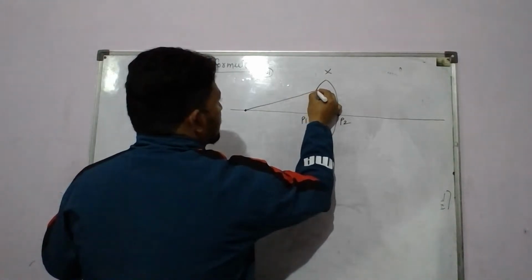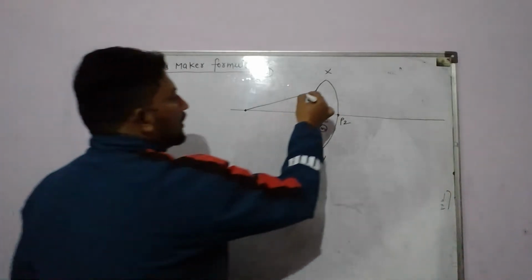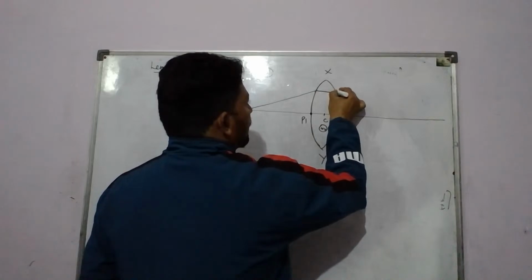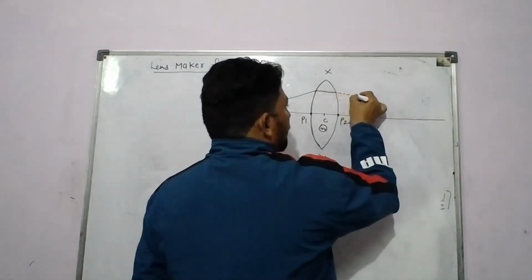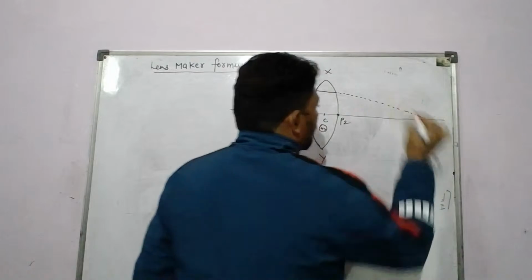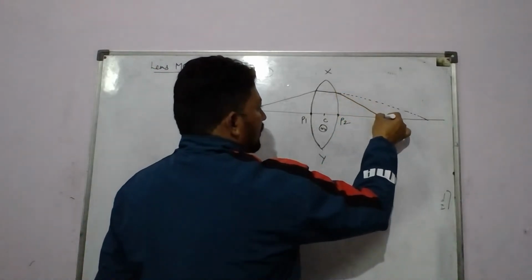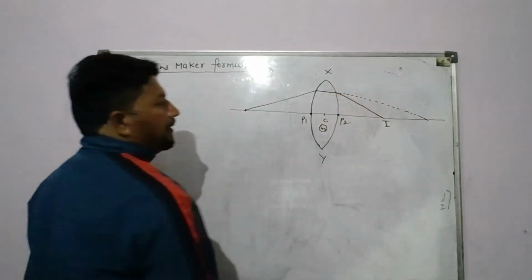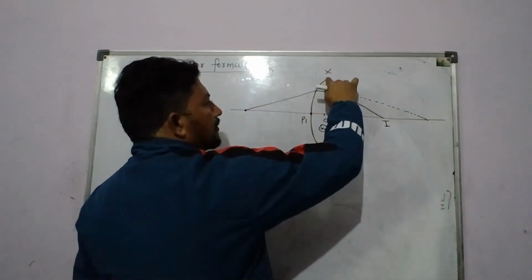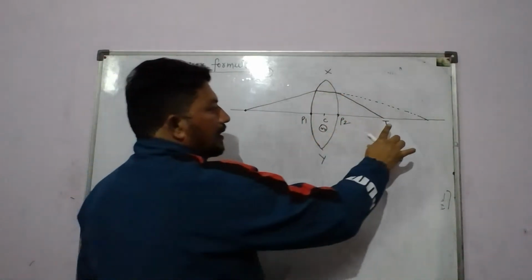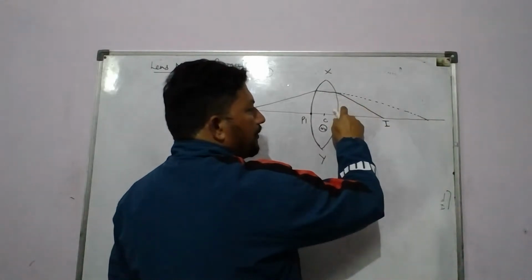The incident ray strikes that surface, bends a little bit, and forms an image I1. This portion is a convex surface and this is a concave surface, and the image of this convex surface is the object for the concave spherical surface.